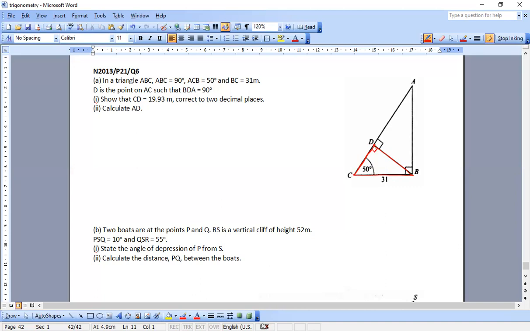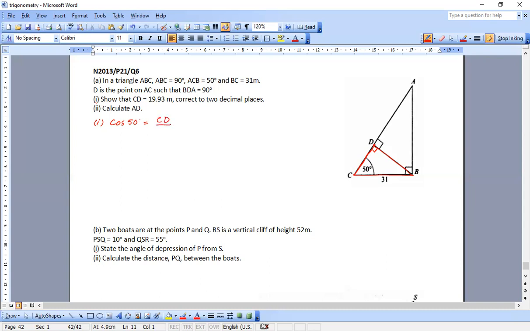We have to find out the length of CD, and we know the angle is 50 degrees, and we have 31 as the hypotenuse. So we are going to apply cos here. Cos 50 degrees is equal to adjacent upon hypotenuse.